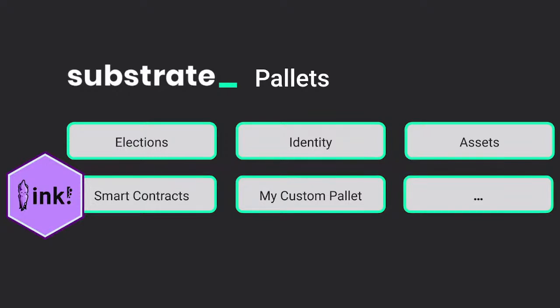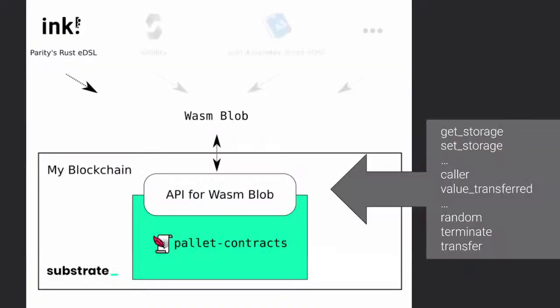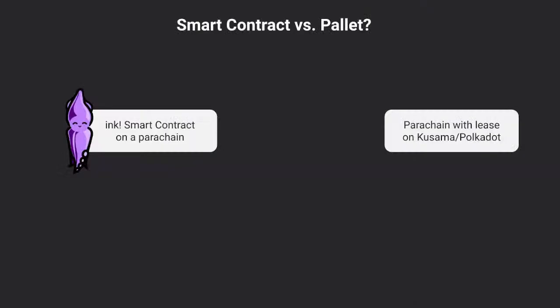You could ask, okay, finally what you do with those smart contracts is you implement some business logic, right? So what the heck, you could also build just your own pallet which serves the same purpose, implements the same business logic as a smart contract. And then the question is, if you have some business use case which you want to implement on Polkadot, should you implement this as your own pallet or as a smart contract?